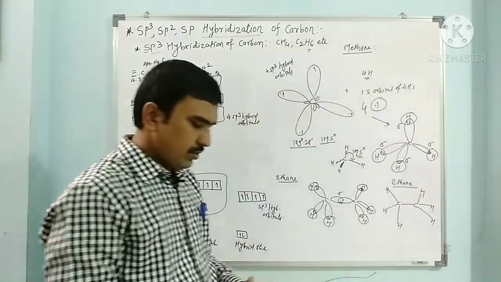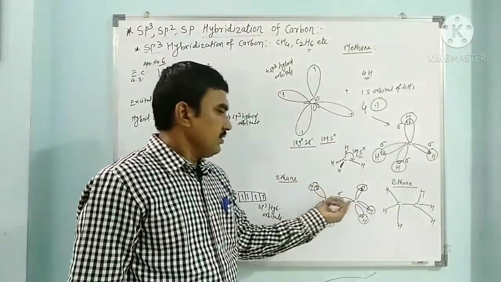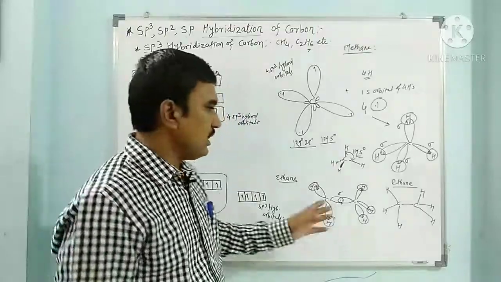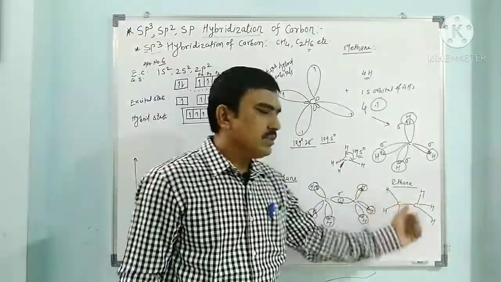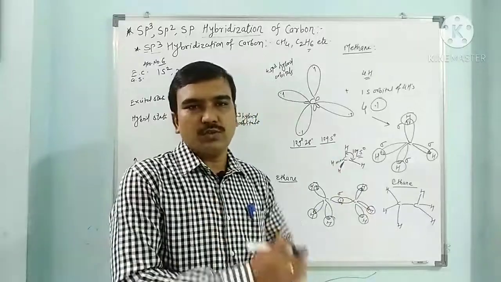So the ethane molecule is formed when the sp3 hybrid orbitals of 2 carbons overlap with 6 hydrogens, which is a saturated molecule, a single bonded molecule.